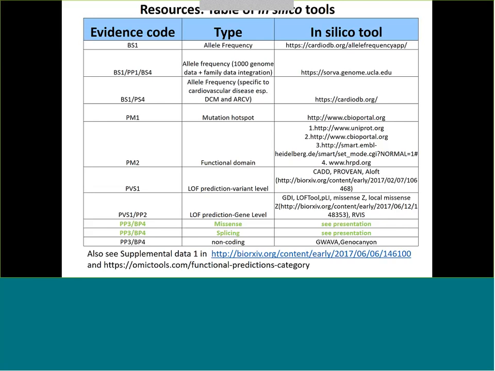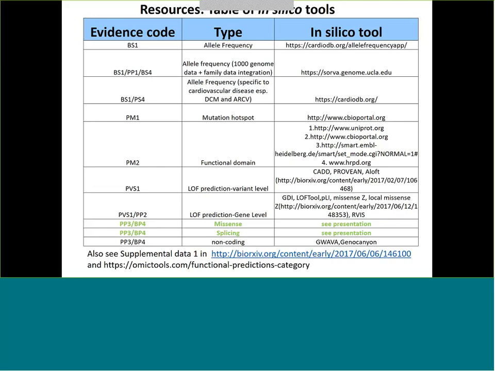For example, for mutation hotspot, if you have a collection of mutants, you could use, for example, Bioportal to look at whether the pathogenic variants are arranged in some hotspot in some protein domain or not. There are several other examples and links which I don't have time to go through.